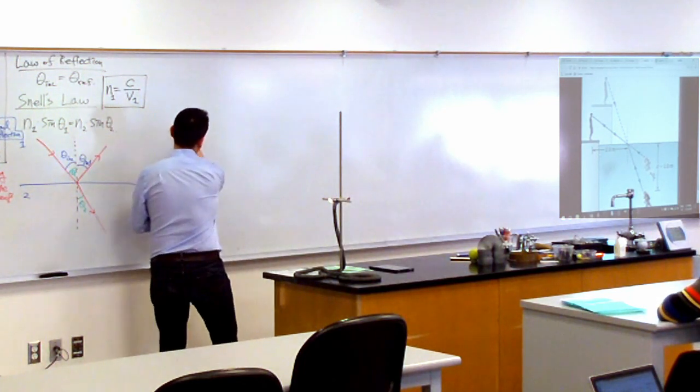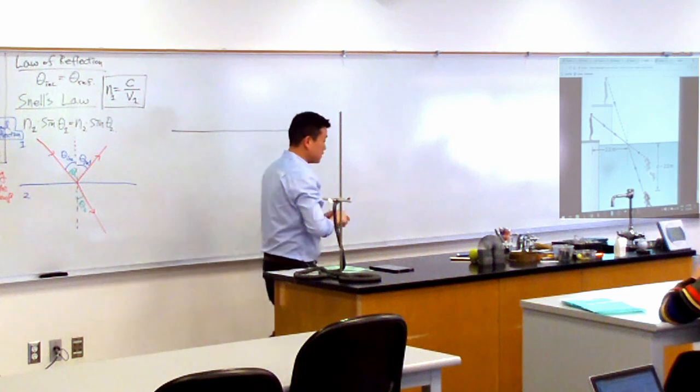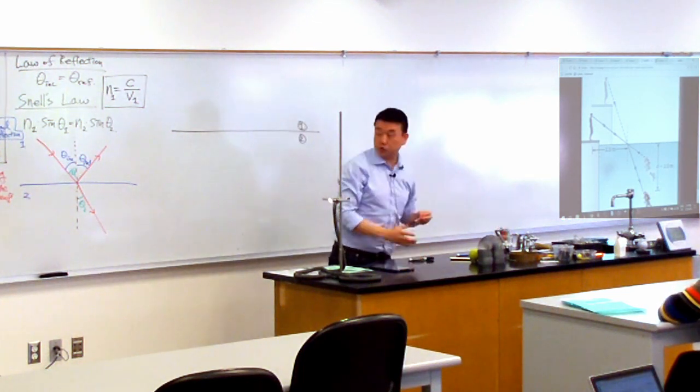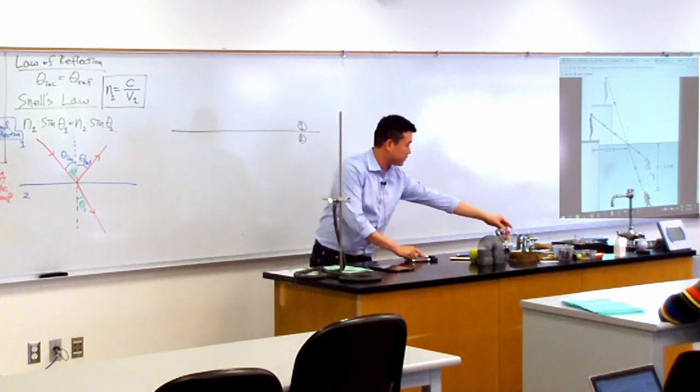So if we have this as the boundary between mediums 1 and 2, then what you can imagine is, you could have something that's drawn like this, a pretty normal, general description.